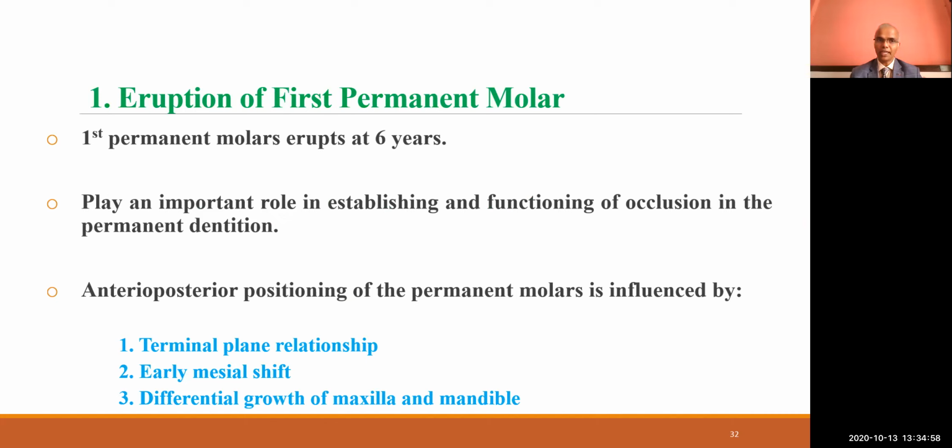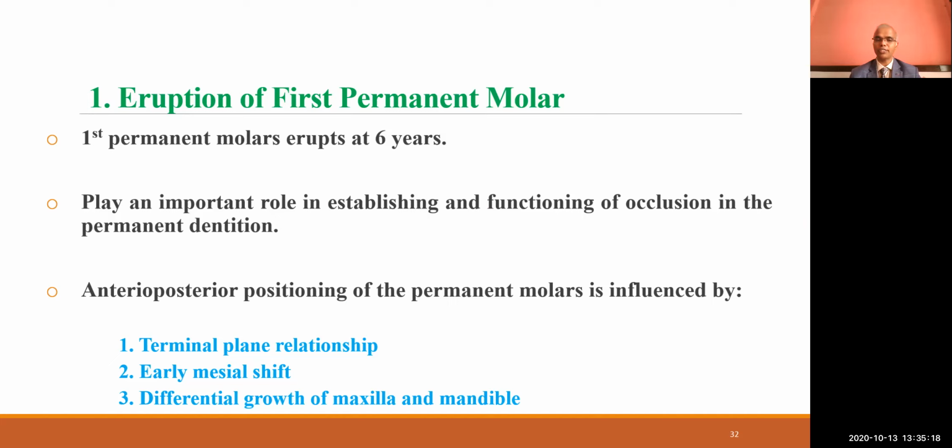The eruption of the first permanent molars plays an important role in establishing and functioning of occlusion in the permanent dentition. It determines the type of malocclusion, meaning it may be class 1, class 2 or class 3.